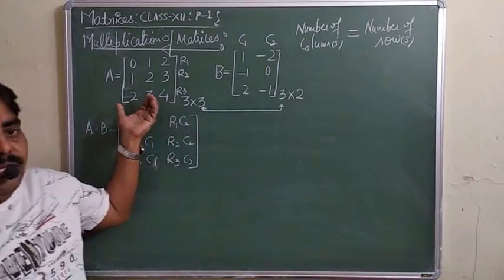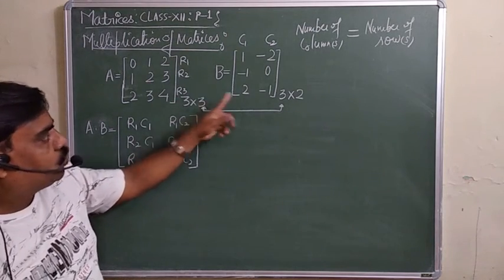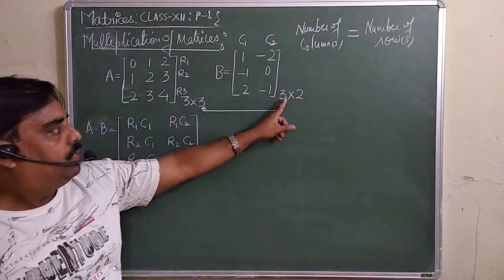If you are going to multiply A into B, then the number of columns of this matrix should be equal to the number of rows of this matrix.